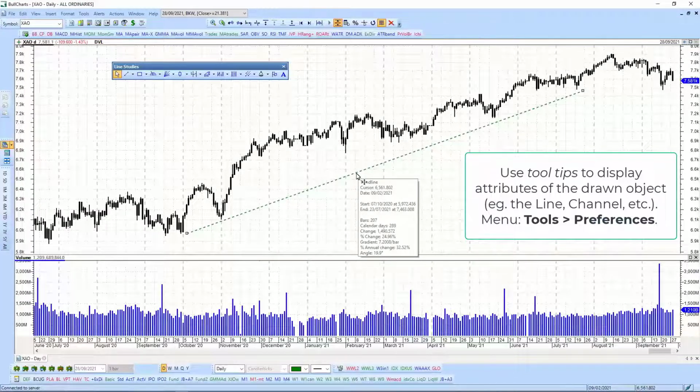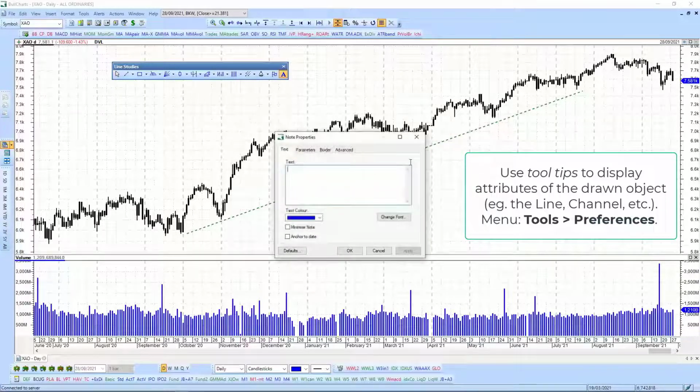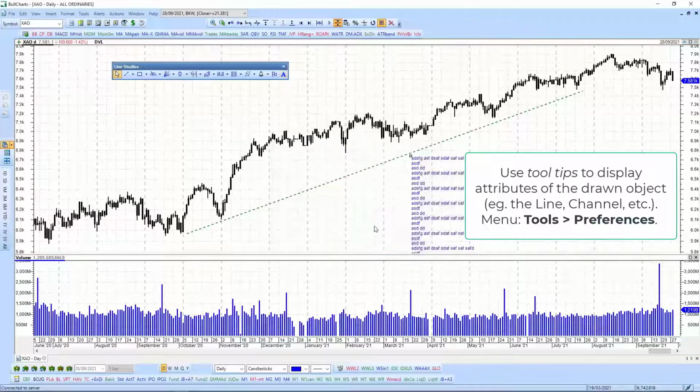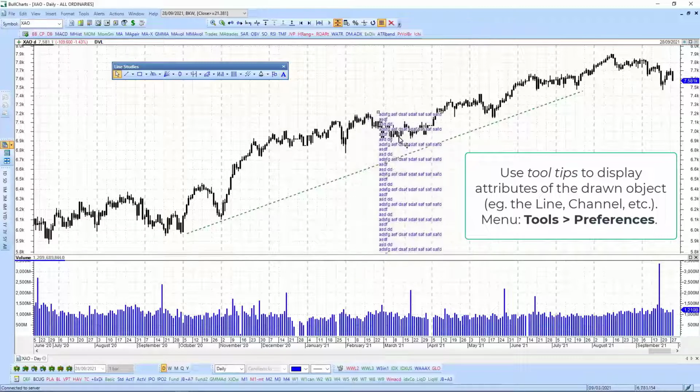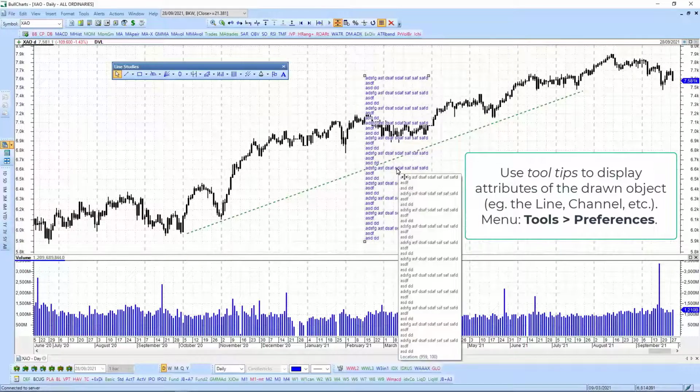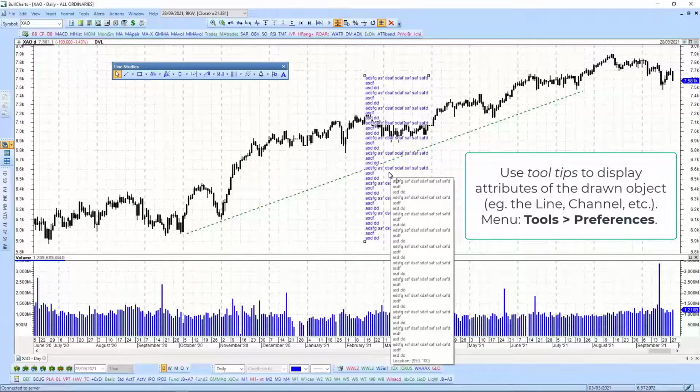Now, if you have something on your chart, maybe a text box with a whole lot of stuff in it, every time you hover the mouse cursor over that, you get the tooltip pop up.